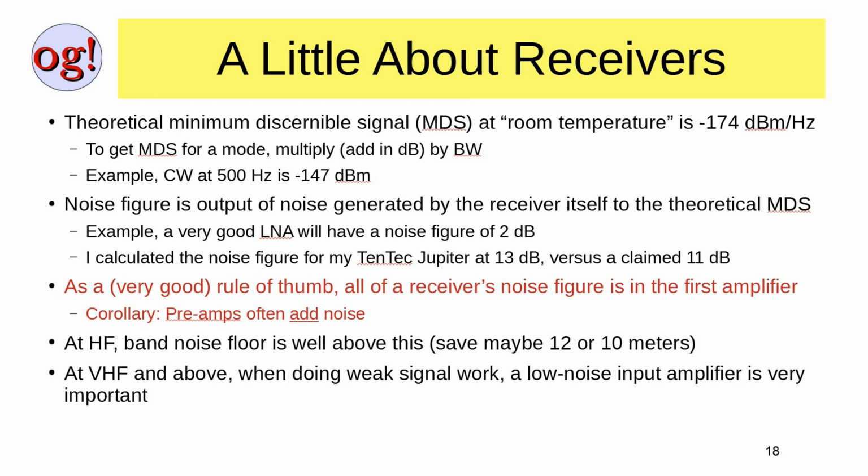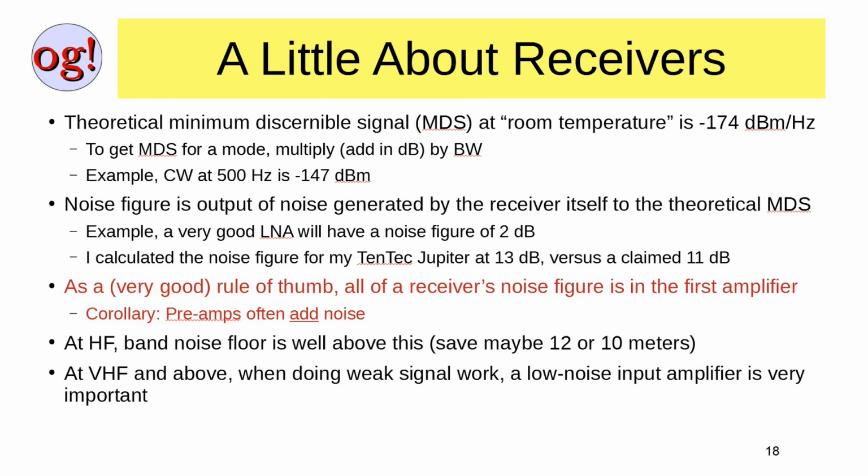Now, this is something that's important. As a rule of thumb, a very good rule of thumb, all of a receiver's noise figure comes from the first amplifier, the very first amplifier that the signal hits. Now, there's a corollary to that. If you have preamps in your system, they can sometimes help, but just remember that they add noise.